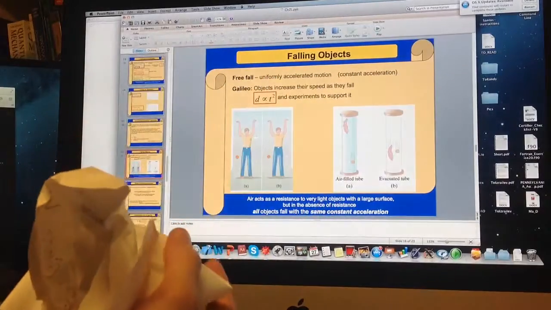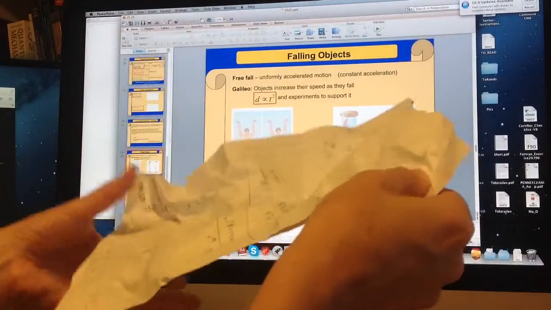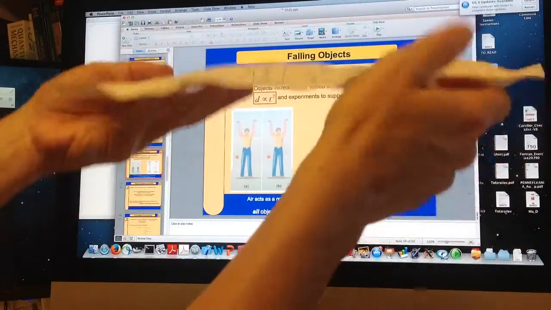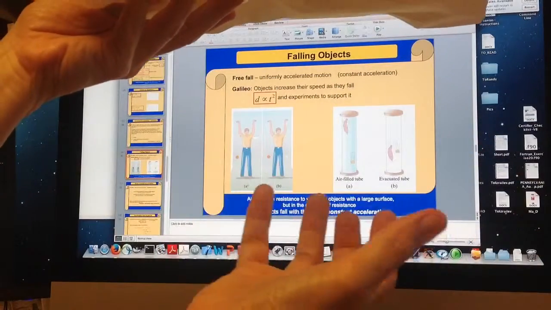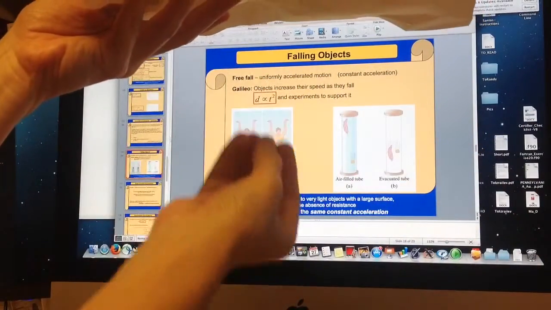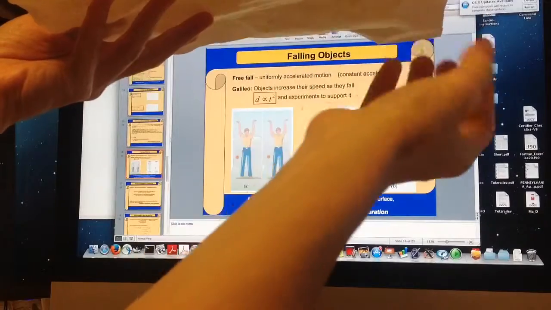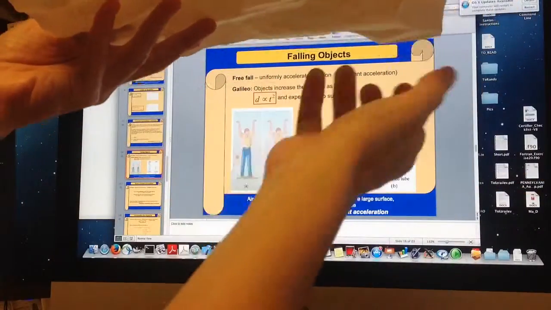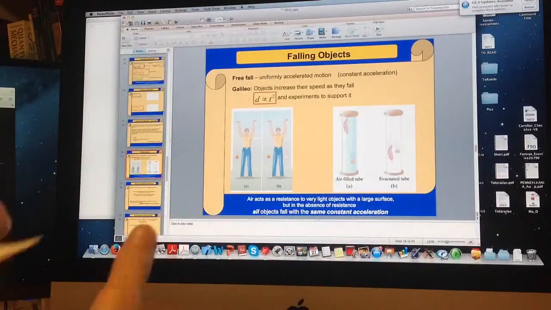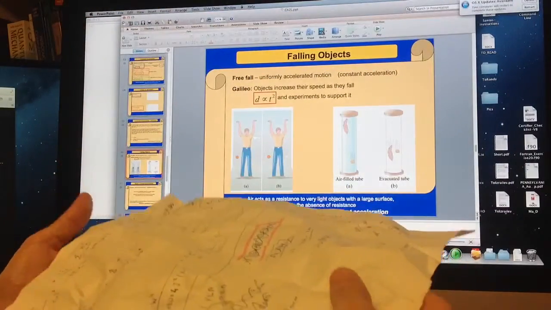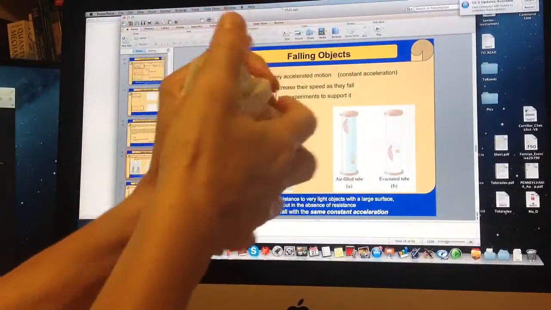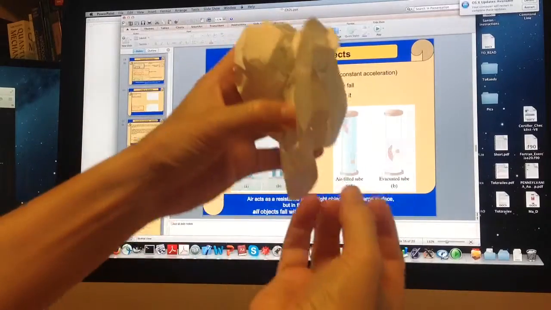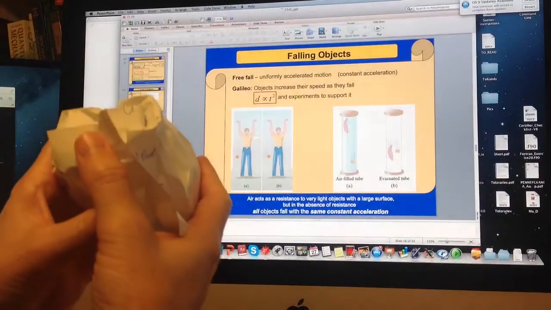What is the difference here? Well, when we have a piece of paper like this, we know that here we have air, and all these molecules of air are colliding against our big piece of paper, this large surface, and they are holding this object as it falls. Once we wad it up, the resistance is not the same anymore.